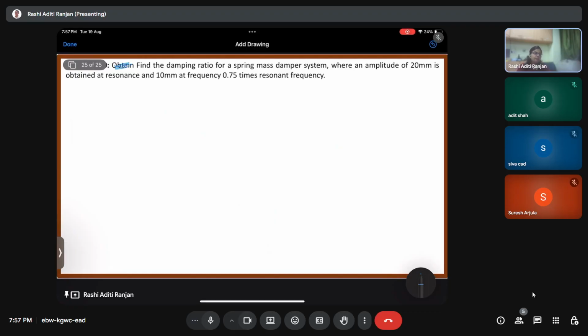If you look over here, again we have the relation x is equals to delta st divided by under root of 1 minus r square whole square plus 2 eta r whole square, such that r is omega by omega n, and eta is what we have to find out.